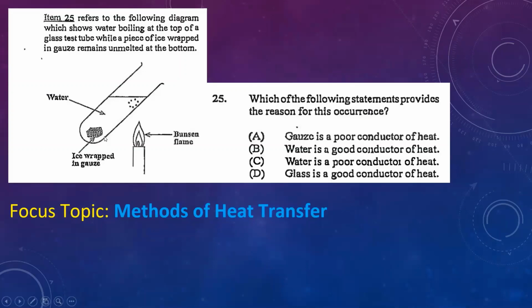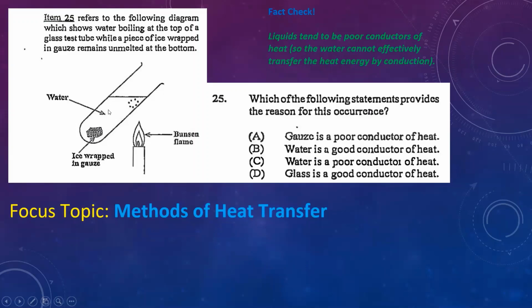25. This is a diagram which shows a test tube of water being heated at the top, while there is a piece of ice wrapped in gauze at the bottom, and the water boils before the ice melts. Now, what is this showing?